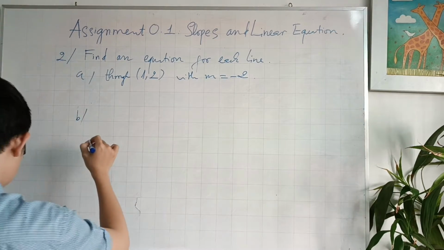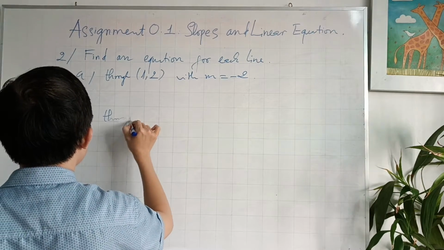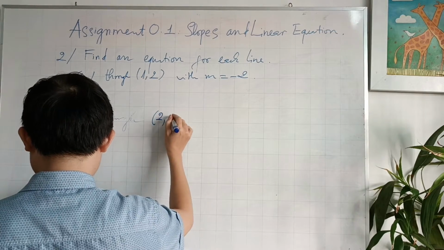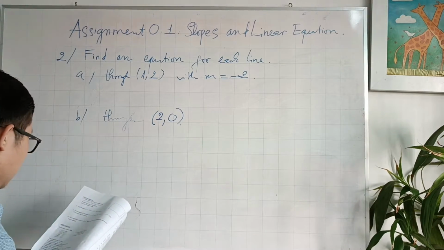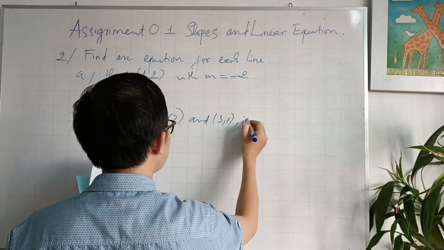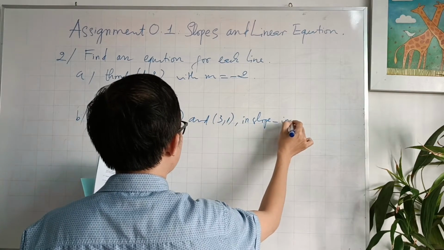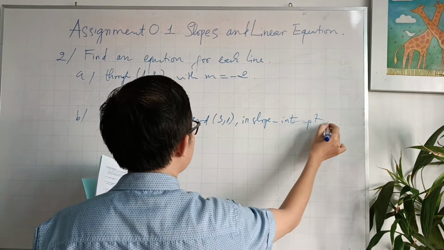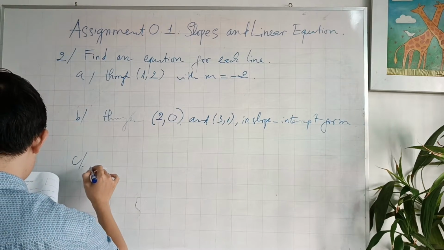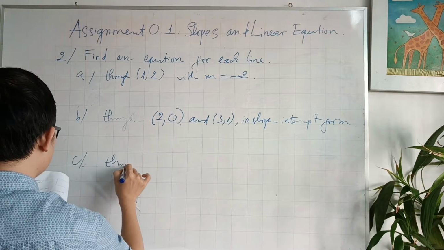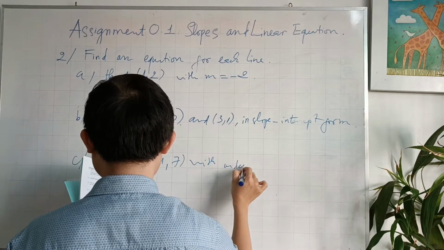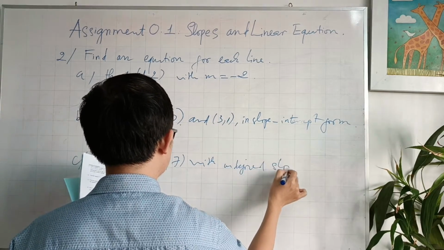B: through (2, 0) and (3, 1) in slope-intercept form. And question C: through (1, 7) with undefined slope.